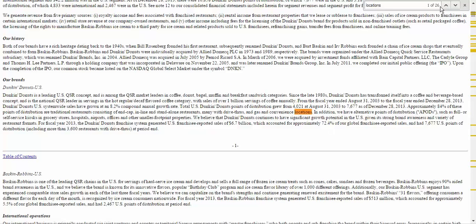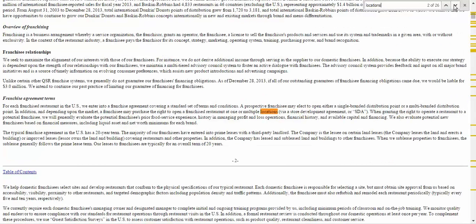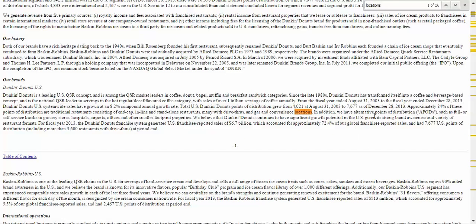There are 26 matches of the word locations, and here when you see our brands, Dunkin' Donuts United States, that's not what we're looking for. What we are looking for is more of a table, but let's go back to the previous one. If you read this carefully, it gives some information and some numbers.